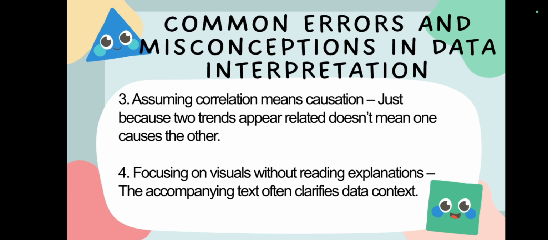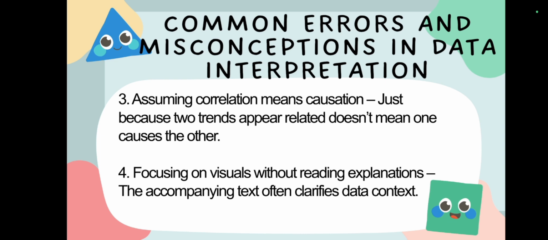Many people look only at charts, graphs, or even pictures, and they think na naintindihan na nila lahat ng gustong iparating ng data na yon. However, visuals alone can sometimes be misleading if we don't also read the accompanying text, the title, or the captions of that chart, graph, or picture that we are seeing.